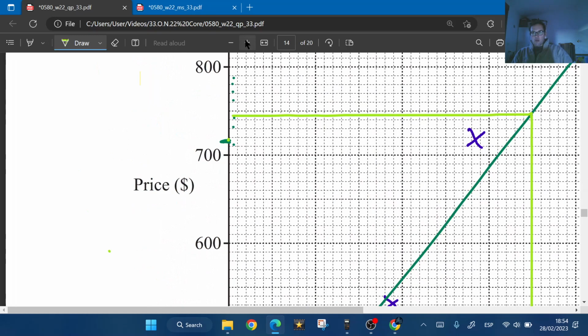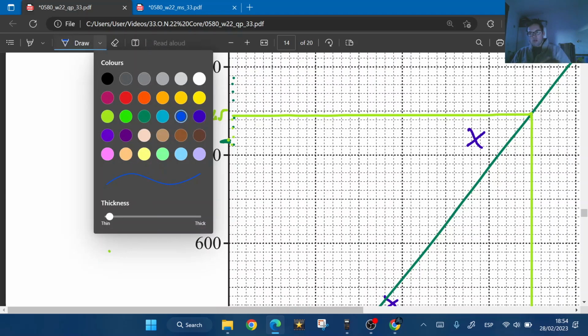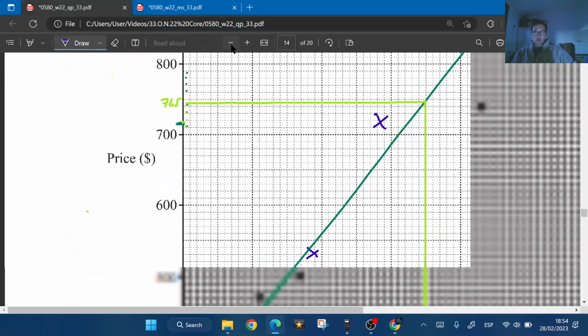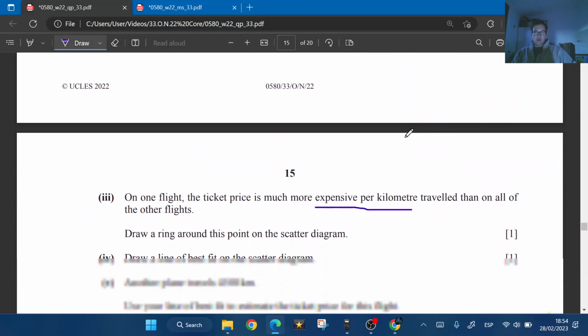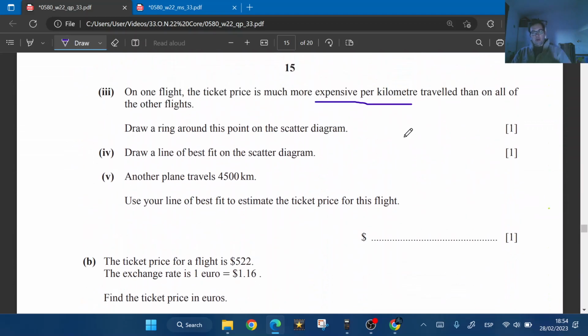Here, let's see, 710, 20, 30, 40, 45. I would say 745 roughly. So that's my answer, $745. Yours might be something different, because you have a different line of best fit.